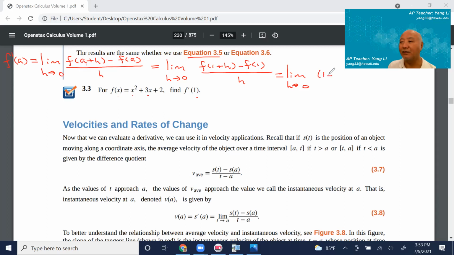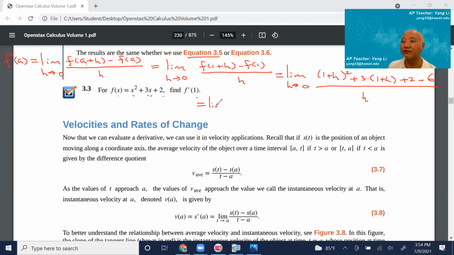And you're going to have 1 plus h squared, right? And the plus 3 times 1 plus h and the plus 2, right? And the minus f(1), f(1) is 6, so minus 6. Divided by the bottom one, h, right? So 1 square, 1 times 3 is 3, 4 plus 2 is 6, that's correct. And then what we're going to do is simplify, okay?